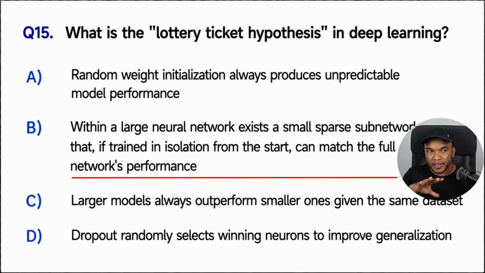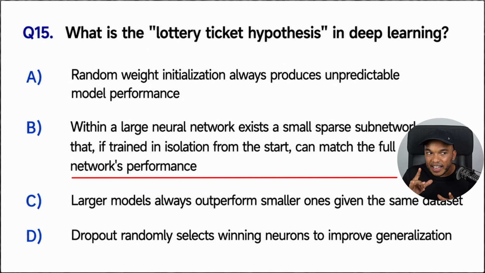The hypothesis says that hidden inside your massive neural network, you have a much smaller subnetwork that actually does most of the heavy lifting. So it's kind of like a lottery. Most lottery tickets lose, but then you'll have a few winning tickets that do most of the work.